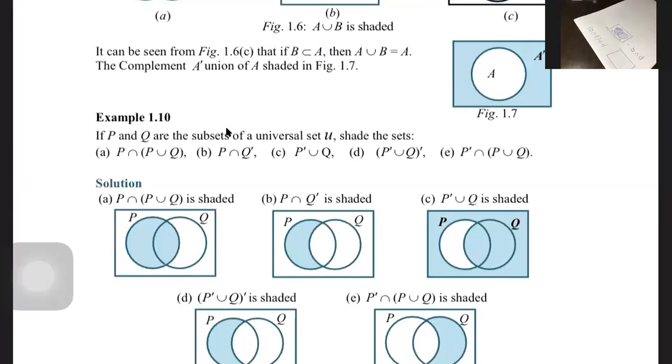So this is P union Q, anything that involves P and Q. Good. Now we have P union Q. Now let's find P. So this is P. P is equal to P and Q. Good. So this is P.